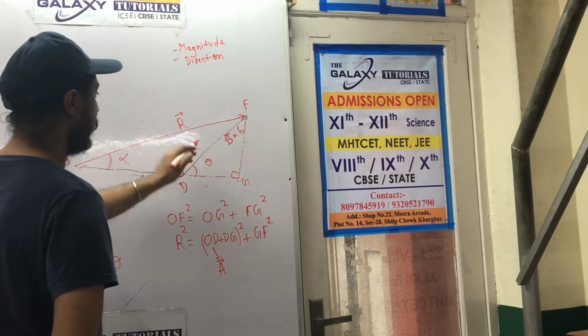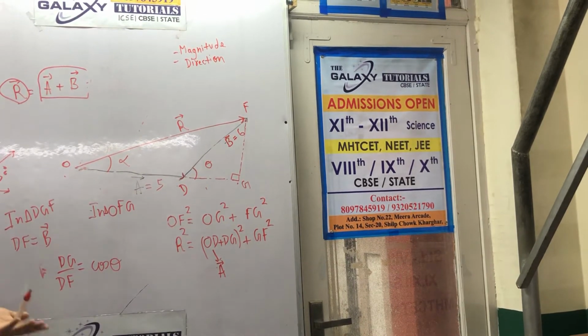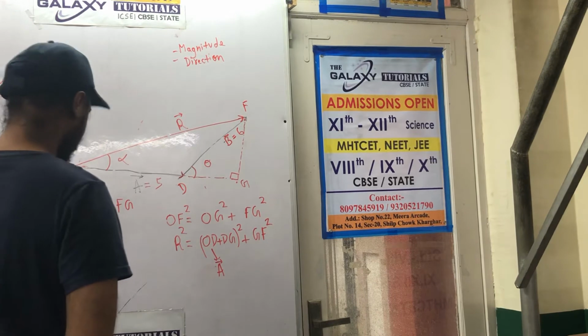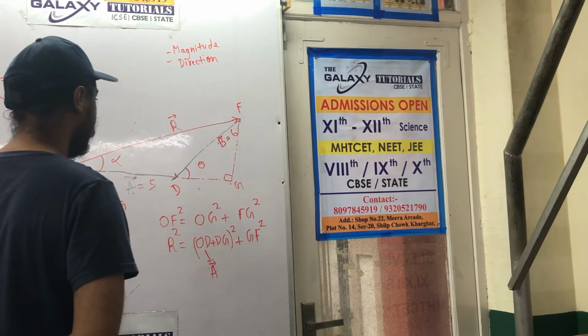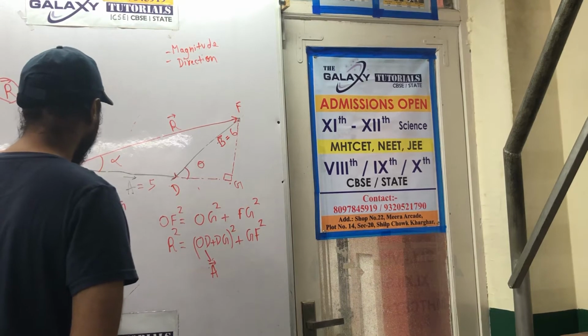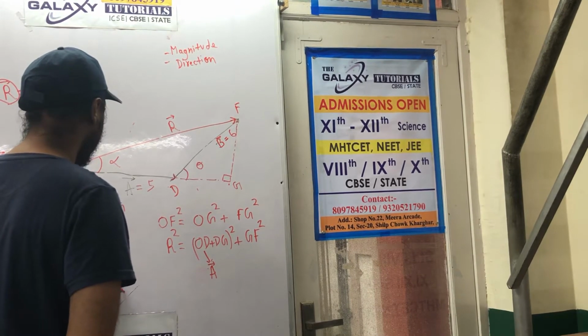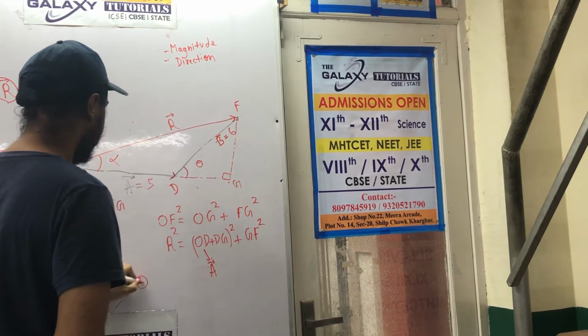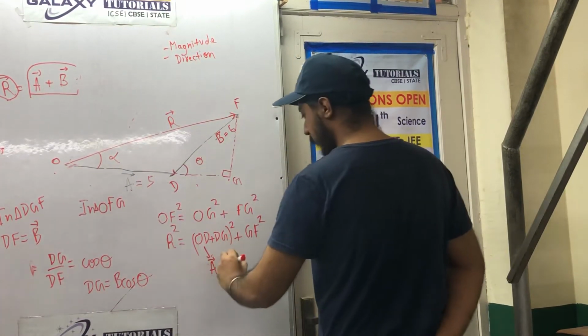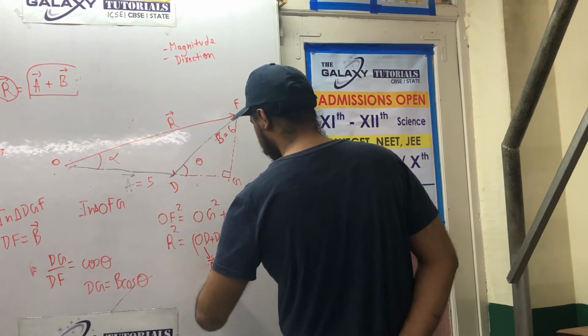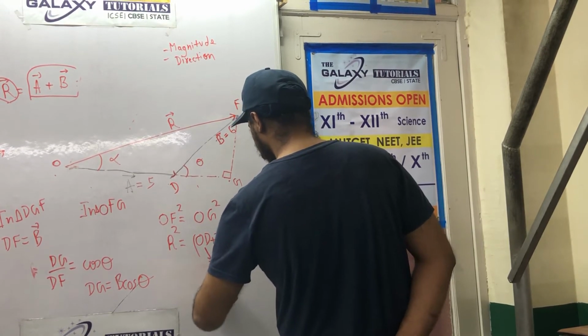It is base upon hypotenuse. So DG will be equal to DF, and DF is B, so it will be B cos theta. I hope that is clear. Okay, so we have found one more value in terms of B and theta, that is DG is equal to B cos theta.